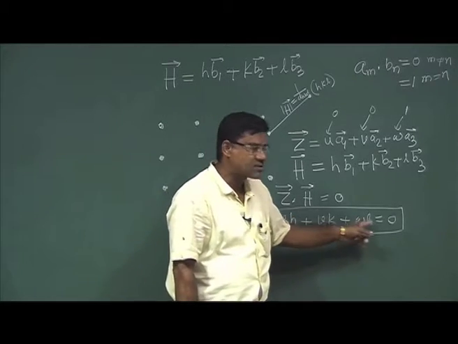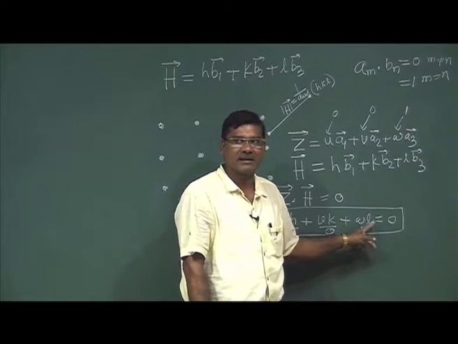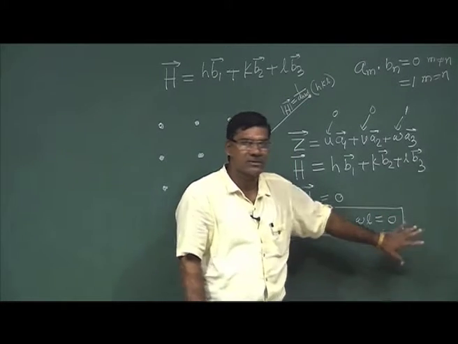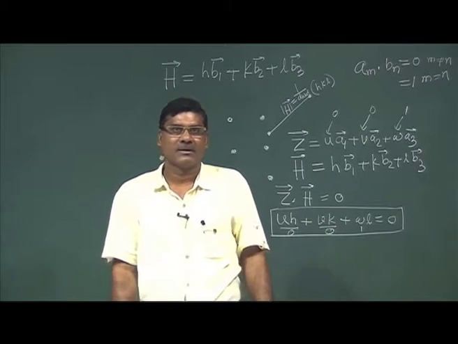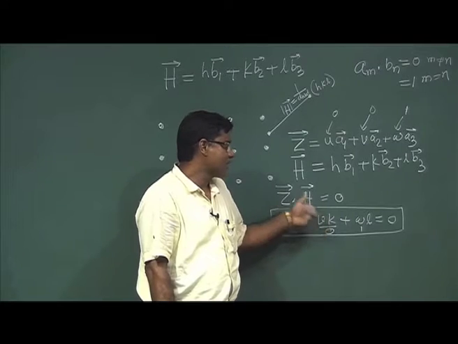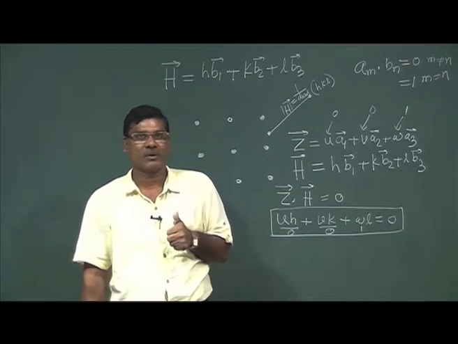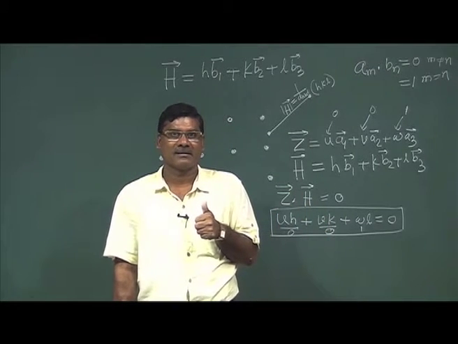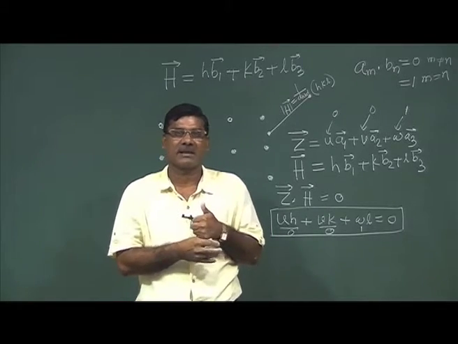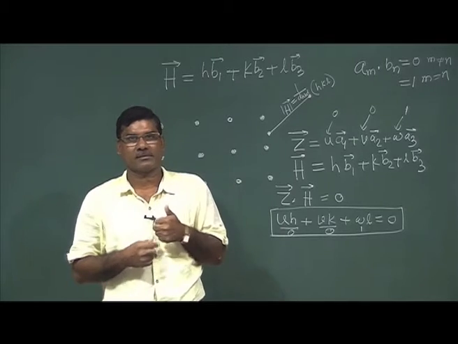then L has to be 0. This relation is telling that L has to be 0, then it will be equal to 0 total. So you have a zone axis and there are many planes parallel to that zone axis, but their Miller indices will be different.